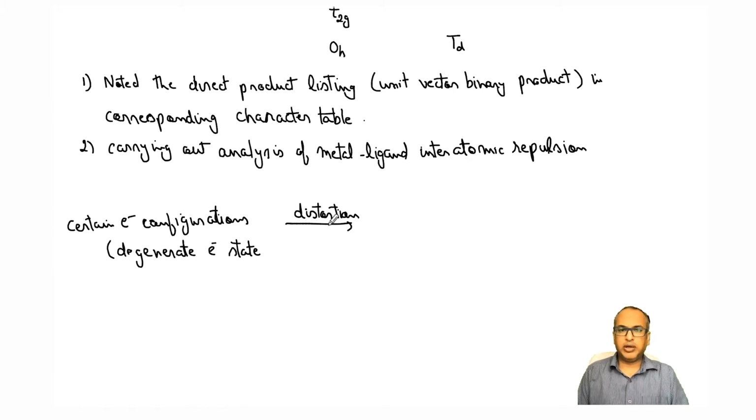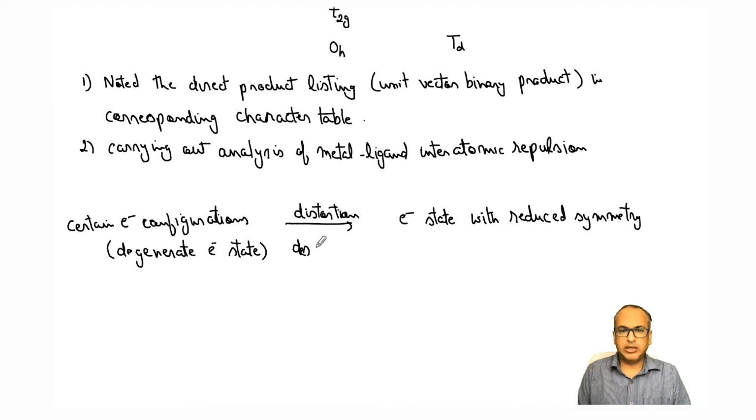So if you undergo change in shape, there would be some sort of reduction in symmetry, right? So you go to an electronic state or electronic configuration with reduced symmetry. You can also call it descent in symmetry, which we have learned earlier.